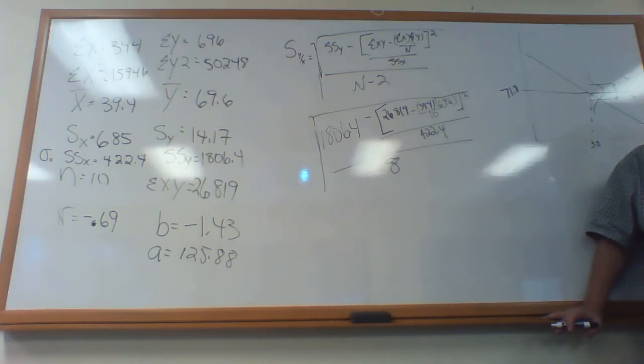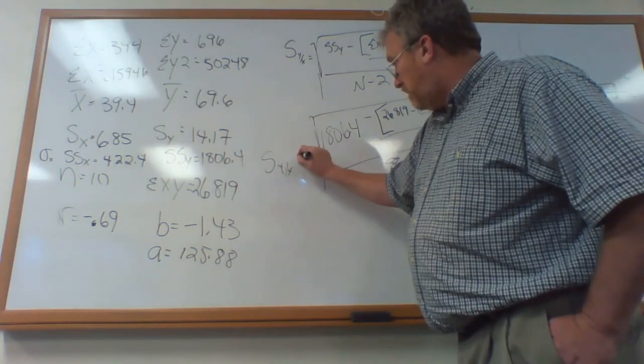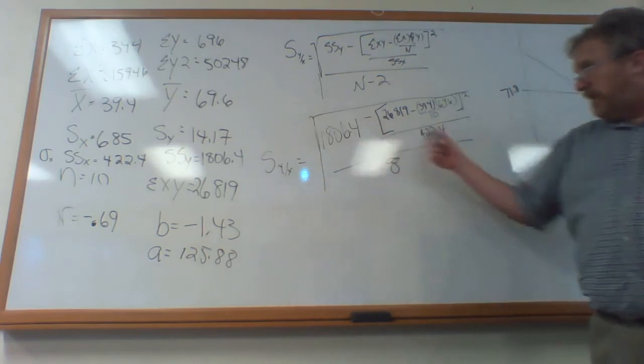It'd probably be around, just looking at the spread of scores, 200 with the different standard deviations, probably end up being around 10, maybe 11, somewhere in there. It's not a huge number. So we would put S y over x equals the standard error of the estimate equals.